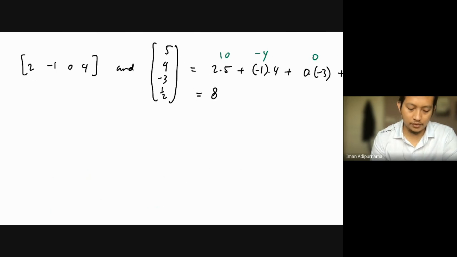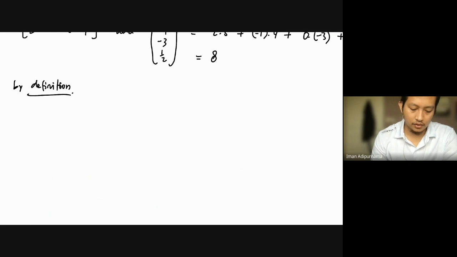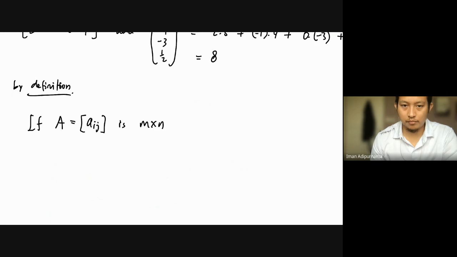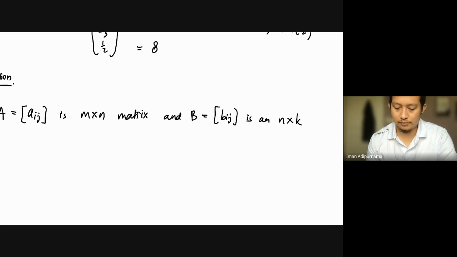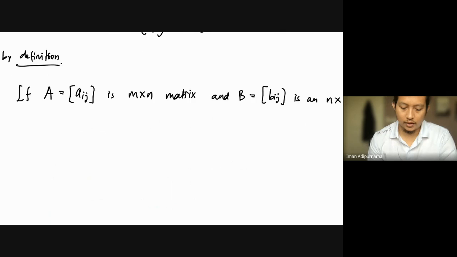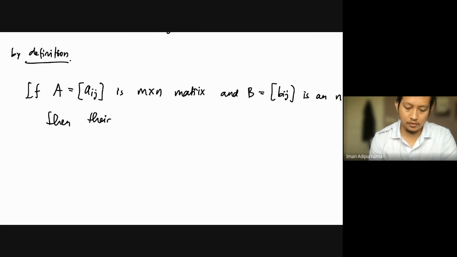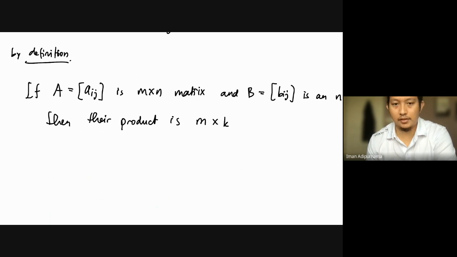By this definition, if matrix A is an M by N matrix, rows and columns M and N, and matrix B is N by K, then their product is an M by K matrix.